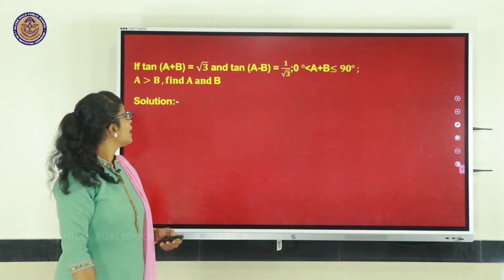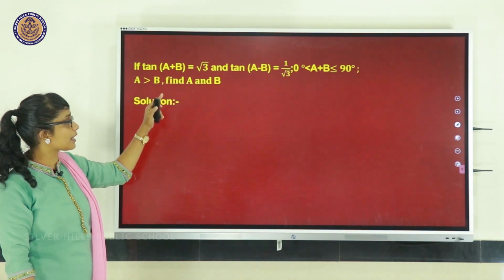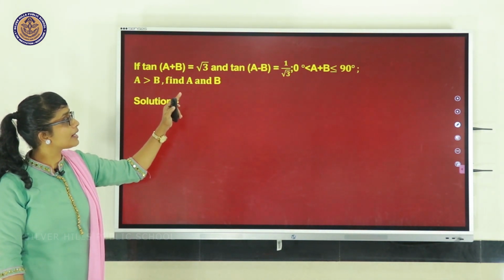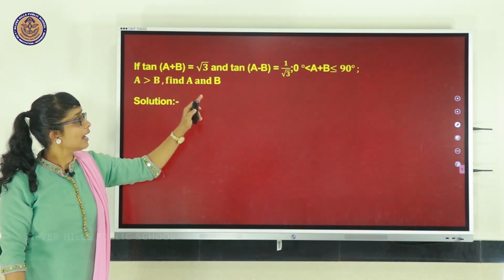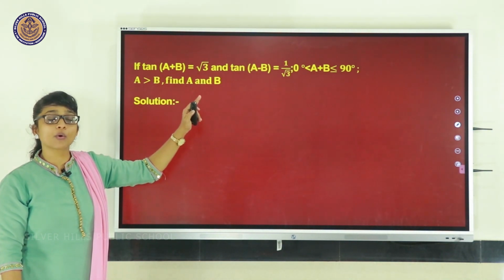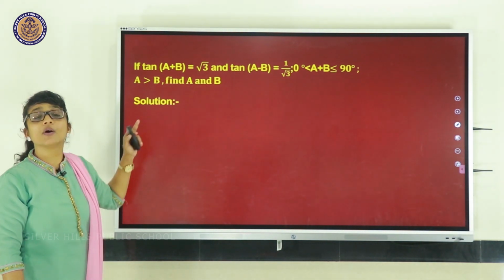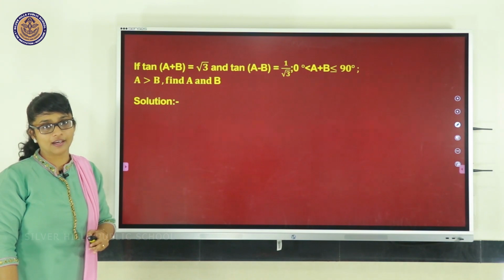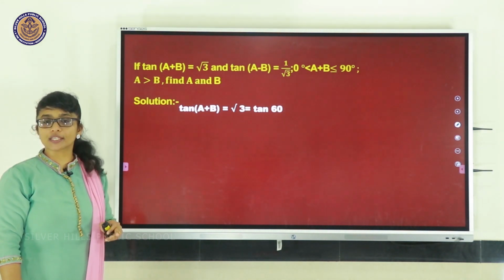Next example, if tan a plus b equal to root 3 and tan a minus b equal to 1 by root 3, 0 degree less than or equal to a plus b less than or equal to 90 degree and a greater than b, find a and b. Tan a plus b equal to root 3.